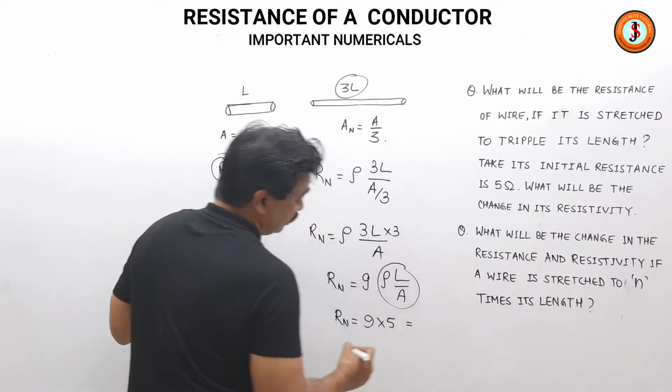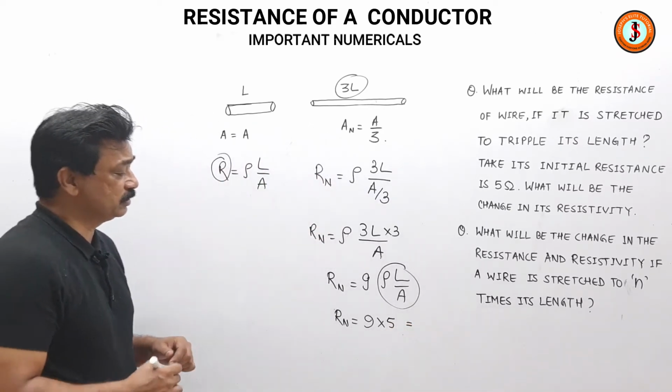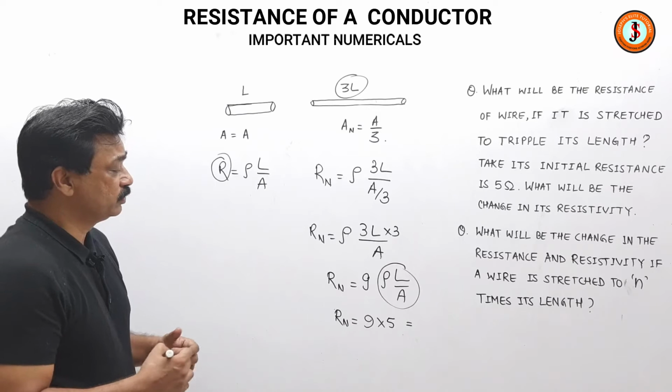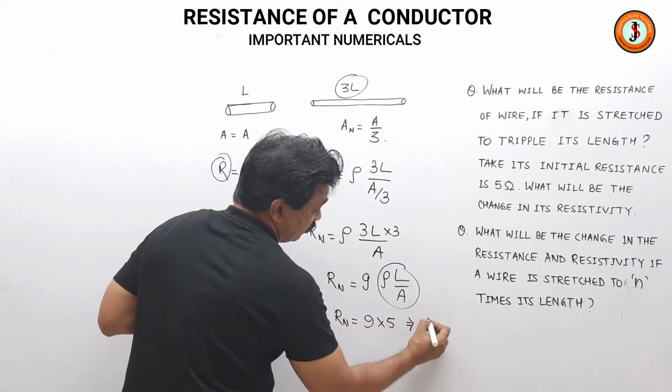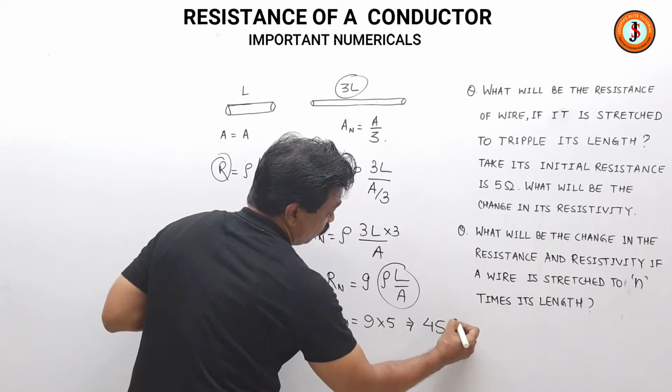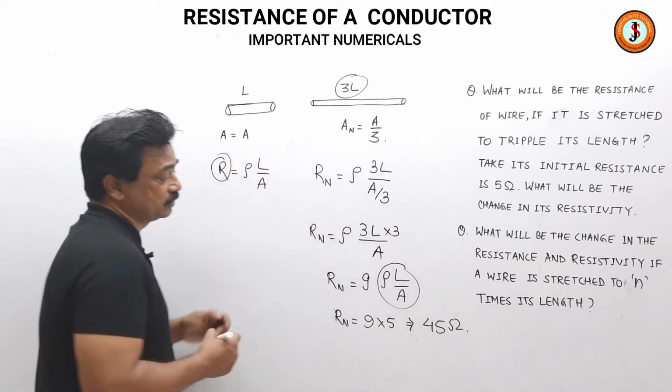So what will happen? The value will be 3 square, that is 9 times. That means 9 5s are 45 ohms. That will be the new resistance.